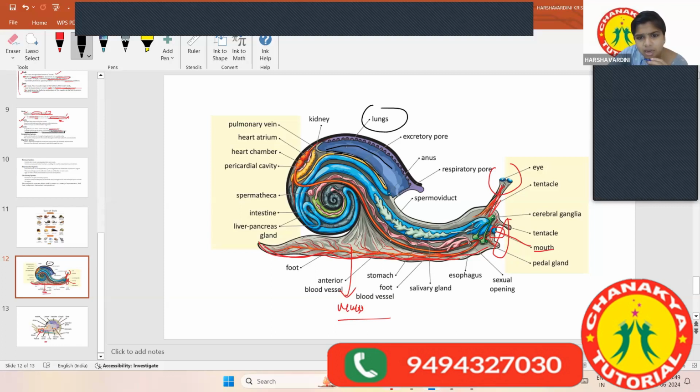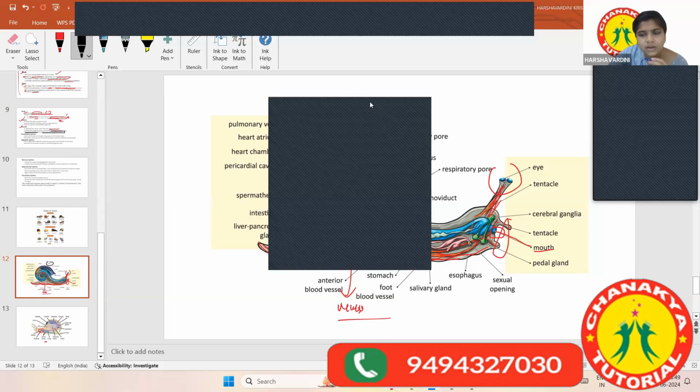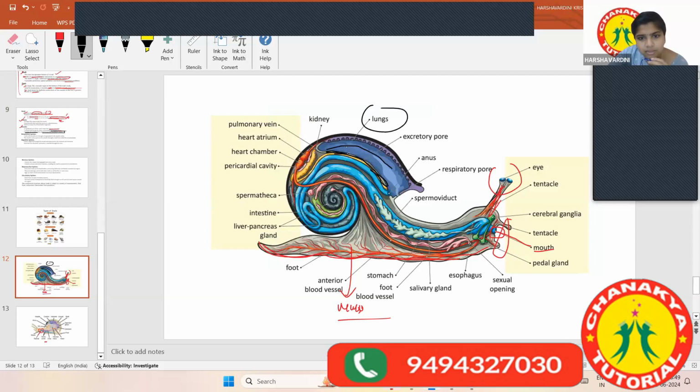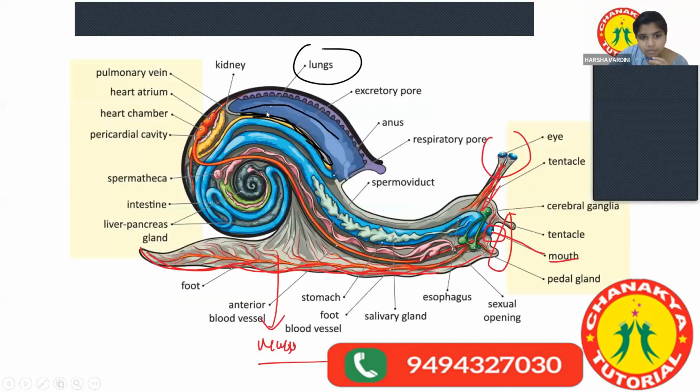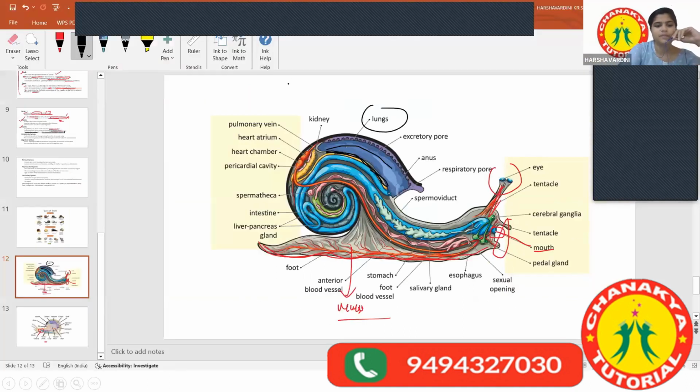I'm drawing it. Okay, this exactly. Can you see the black color, whatever I shaded? The lungs, they cover the respiratory organ. So basically, it would be here. My guess, right?